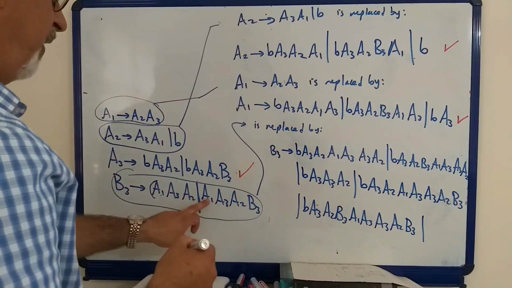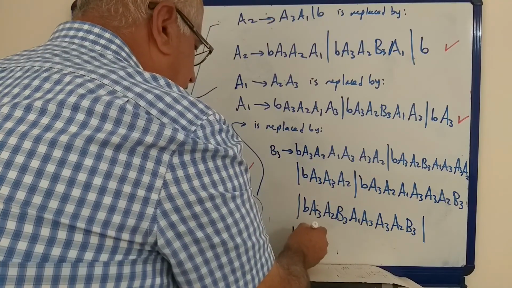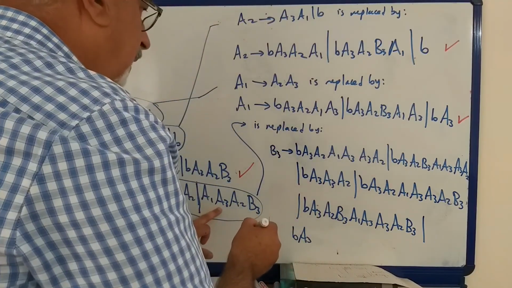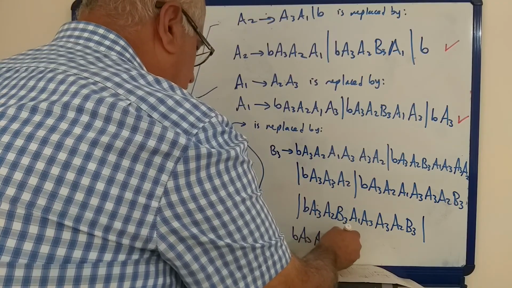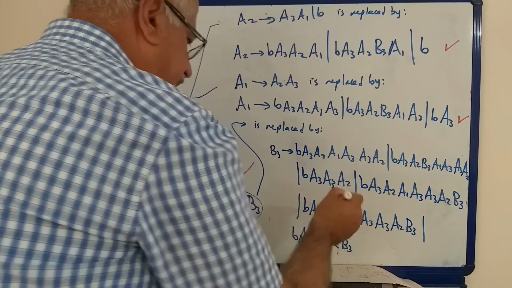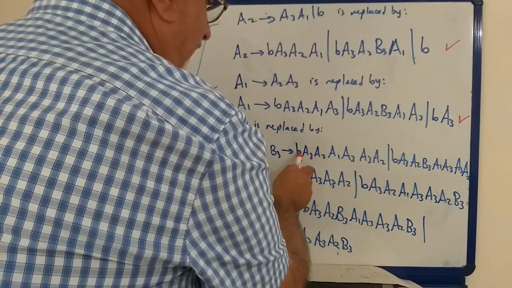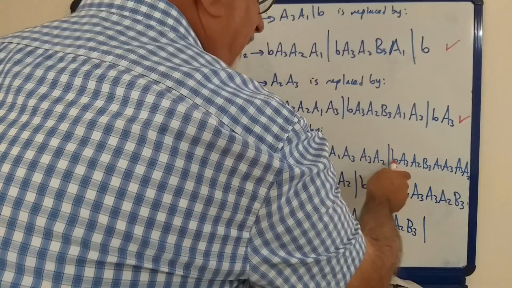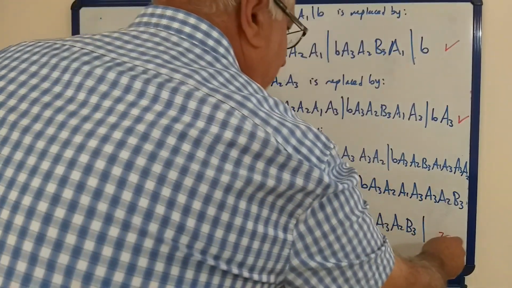Or instead of A1, I can write B A3 B A3 A3 A2 B3. So is B3 a single terminal followed by non-terminals? Yes, so this is okay.